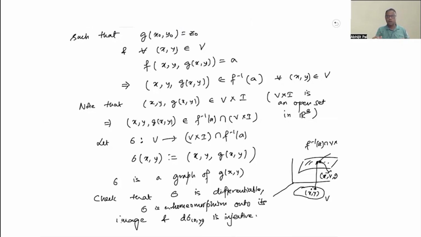Once we have expressed this sigma as a graph of a function, this differential of sigma is automatically injective, so this we have already done. Therefore this sigma on B is a surface patch for f inverse a.